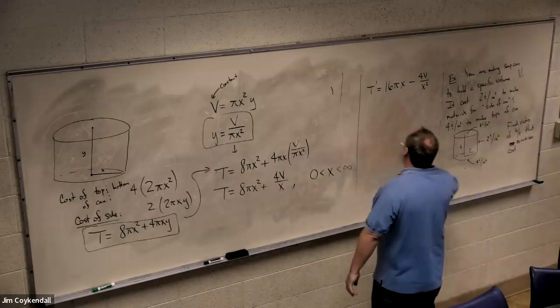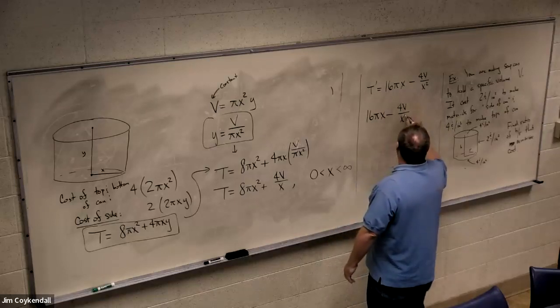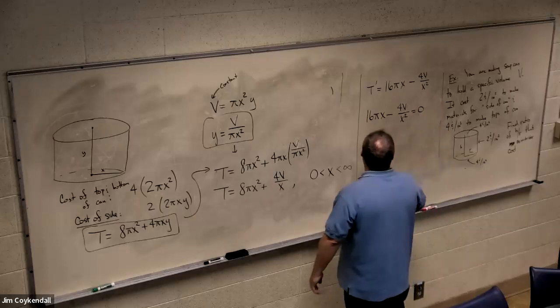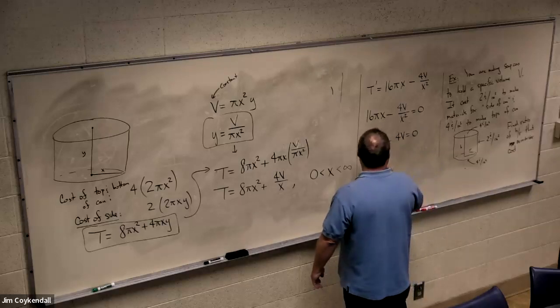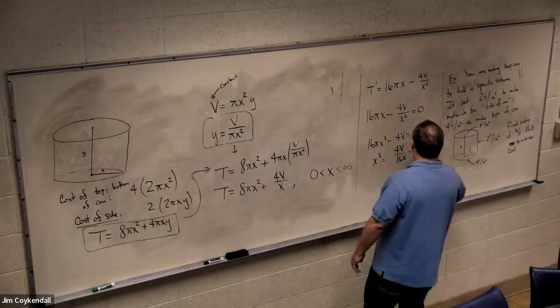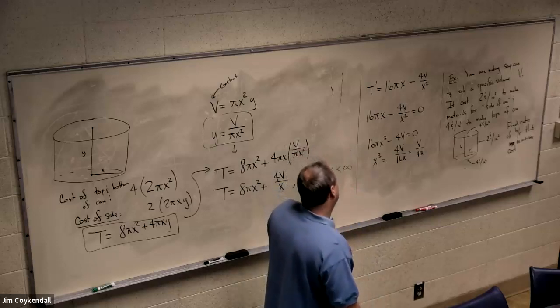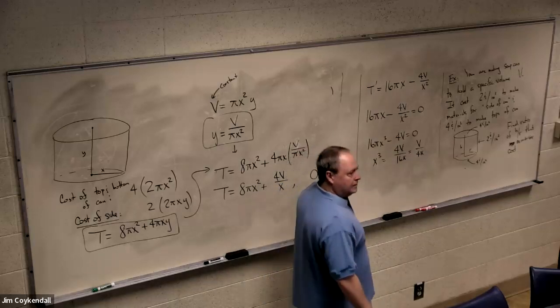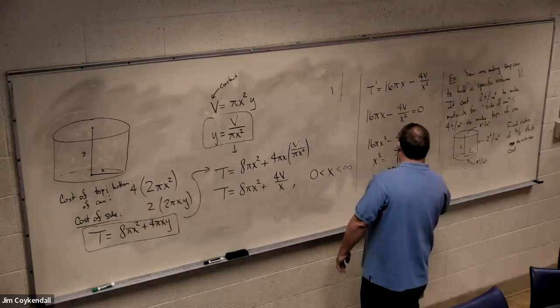So let's just set this equal to 0. And so I get 16 pi x cubed minus 4b equals 0. So I get x cubed is 4b over 16 pi, which is b over 4 pi. So I get x is the cube root of b over 4 pi.